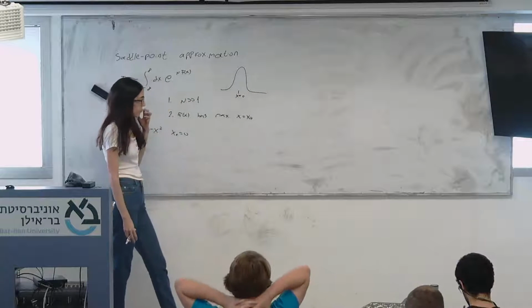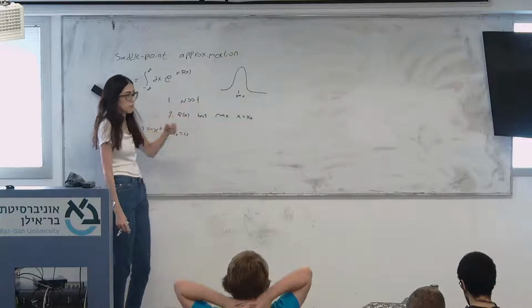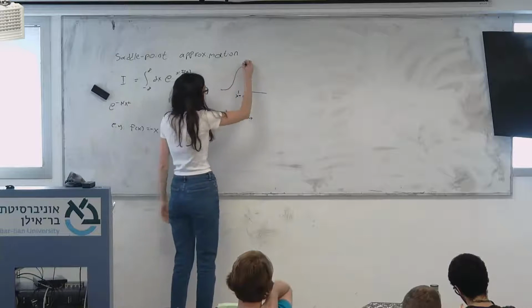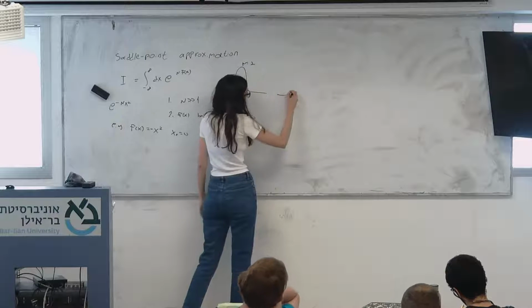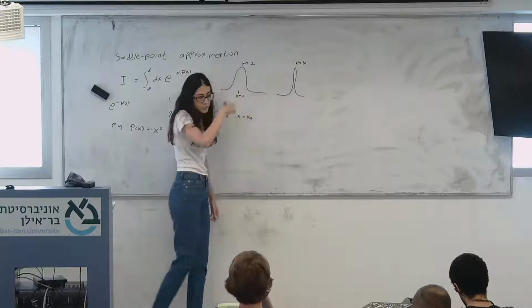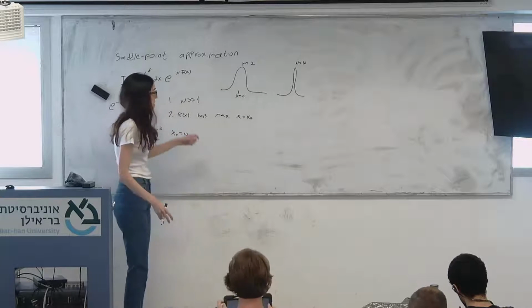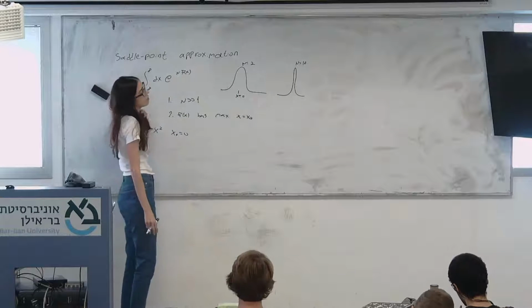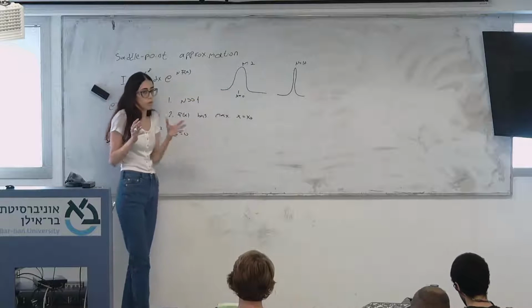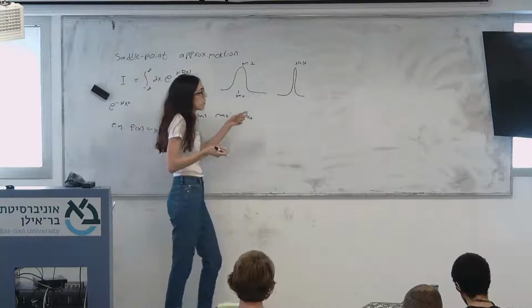When we increase n, the Gaussian is going to be more and more narrow. This is for n equal 2, and then we take, I don't know, n equal 10, and so on. So when we integrate over this function, we're going to get mostly only the contribution from that point.